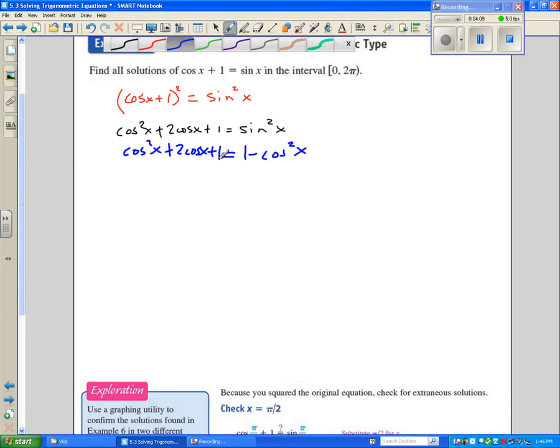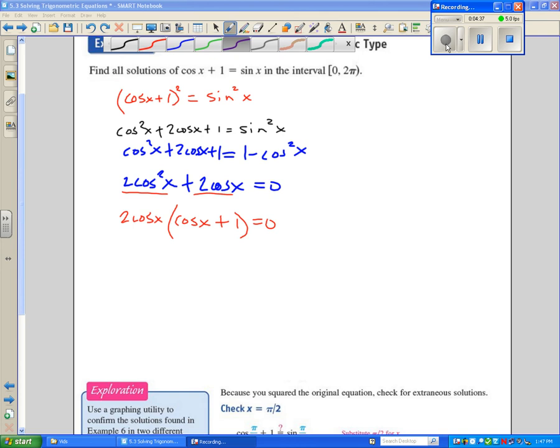And that is cosine squared plus cosine squared is 2 cosine squared. But then I still have the 2 cosine x, and then 1 minus 1 is 0. So that equals 0. Notice we have a square and a singular with no constant, which means factoring is a lot simpler. In fact, both of these just have a 2 cosine x. And I'm left with cosine x and a 1.